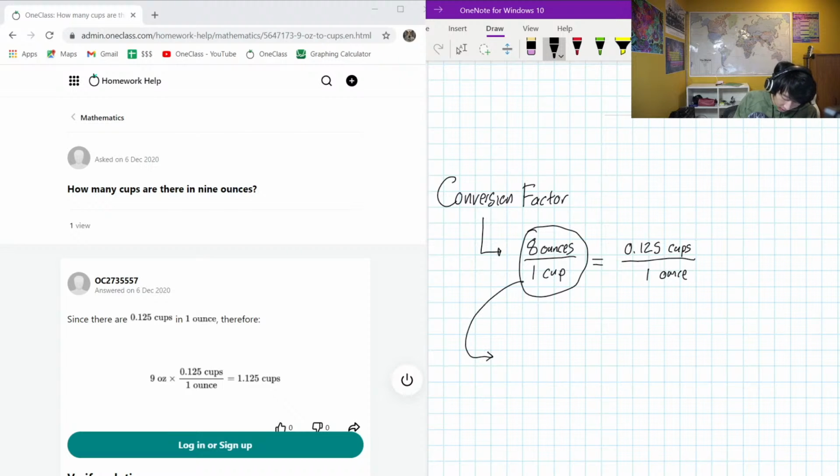So to start this unit conversion, we're trying to convert 9 ounces and we want our result in cups. So we have 9 ounces. That is our given starting point, and we want to multiply it by the conversion factor in a way that ounces cancels out and we're stuck with cups. So we're going to reciprocal this, and write 1 cup per 8 ounces.